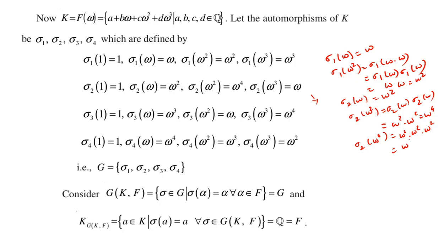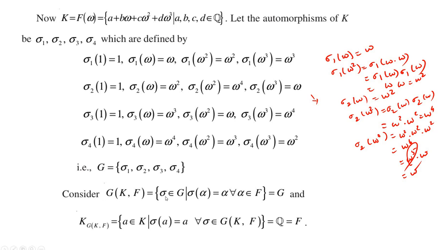So that is omega power 6, which can be written as omega power 5 into omega, but omega power 5 is 1, so you get omega. So that is what we have written here. And for sigma 3 and sigma 4 also the description is given. So G is this.